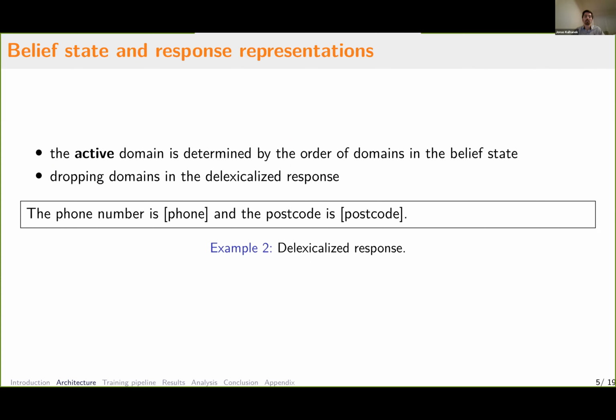And the important difference between the MultiWOZ lexicalization and our own is that we drop the domain. Usually there is a domain underscore the slot name, and we drop it and use only the active domain. When we lexicalize back, we use the active domain to determine which domain should be used in the response.